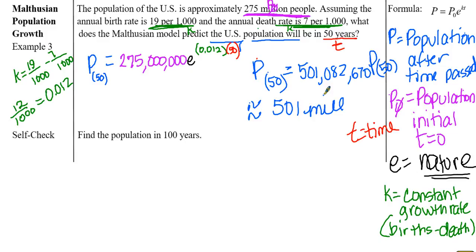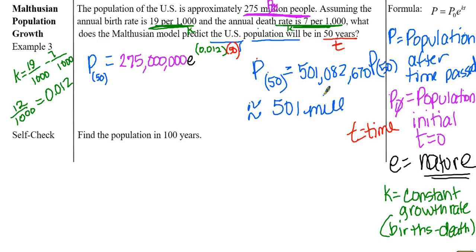You can't predict exactly how many people there are. You could have like an epidemic and knock out a couple 100,000 people. It could be a little bit off. Or you could just have a generation of people that want to have 5 kids instead of 2, and it could be a little bit off. It's just a predictor. It's not a perfect science.